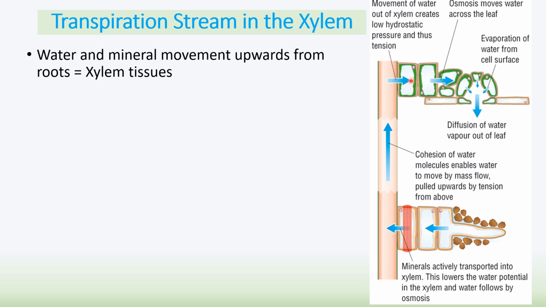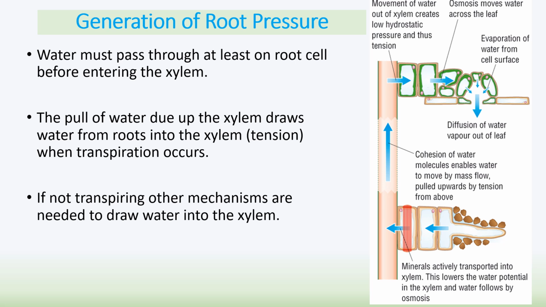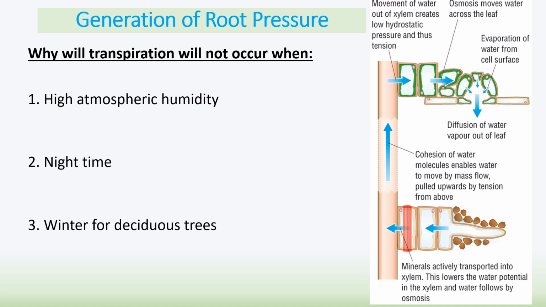This means the water pressure here is low because water is leaving, and the pressure from water entering from the root is high, so you get a high to low pressure as a result. Water must go through the leaf and the root cells before entering the xylem. So you get a high pressure at the bottom and low pressure at the top, causing movement.